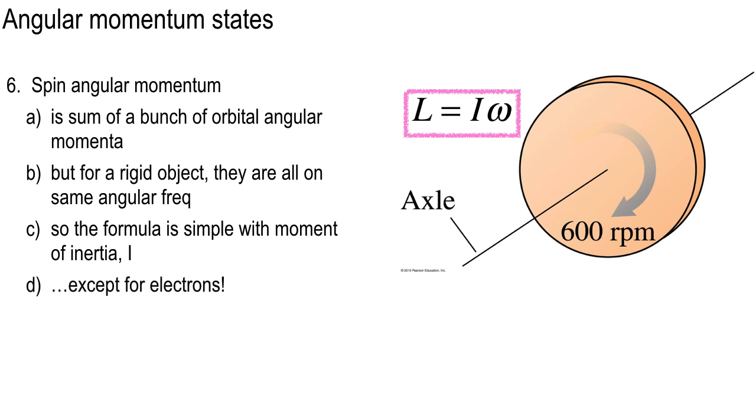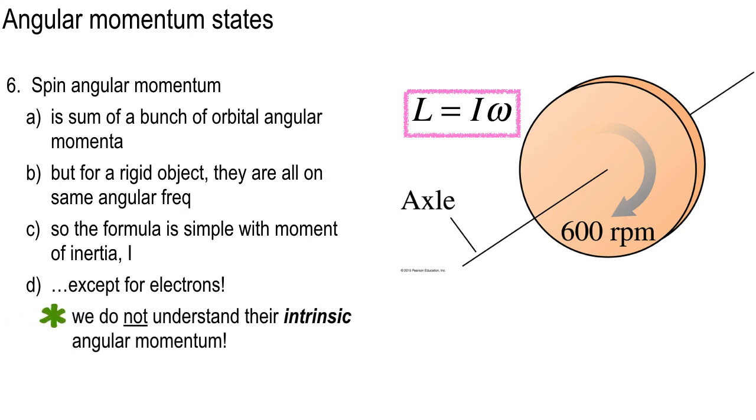Now, there's one exception that we don't understand, and that's electrons. They seem to have intrinsic angular momentum, but we don't think that it's because they're spinning. They just seem to have it. I mean, you can think about an electron spinning, and the spin angular momentum of an electron is basically where magnetism comes from.